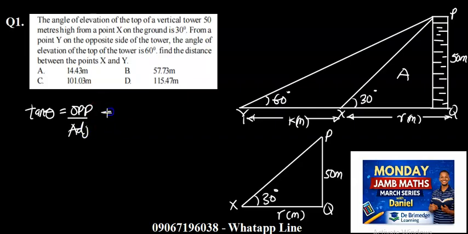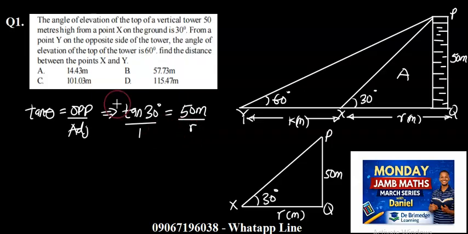This implies that tan 30 degrees is equal to the opposite, 50 meters, divided by the adjacent, which is what we're looking for, R. To find R, we need to make it a linear equation. One of the ways to do that is to cross multiply.